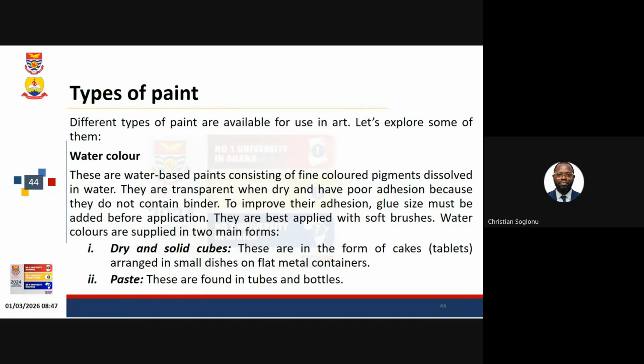Watercolors are normally transparent when they dry, as compared to acrylic paint, which covers up whatever surface or support you are working on. When you use watercolor on your support, you can easily see your support through the paint. That is why it is transparent.